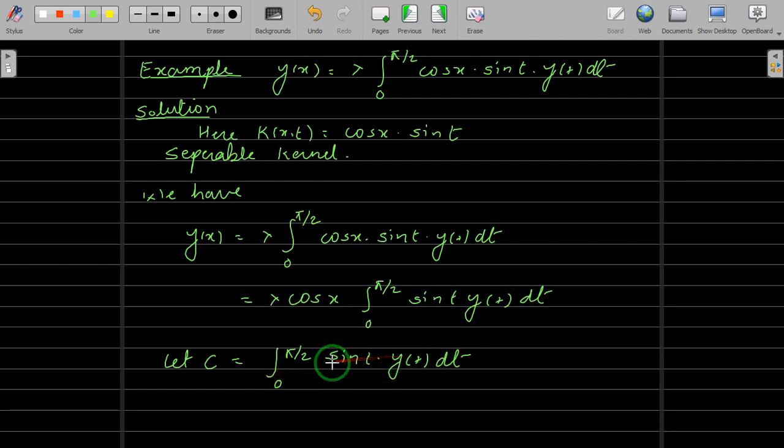If you take c as this integral, this implies y of x will be lambda c cos x.